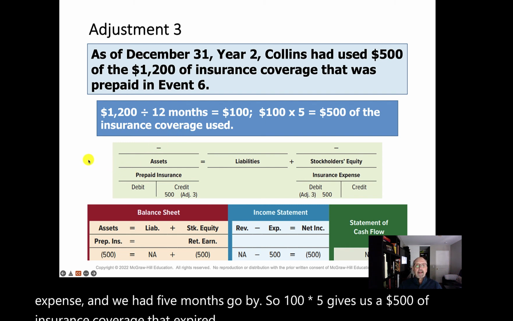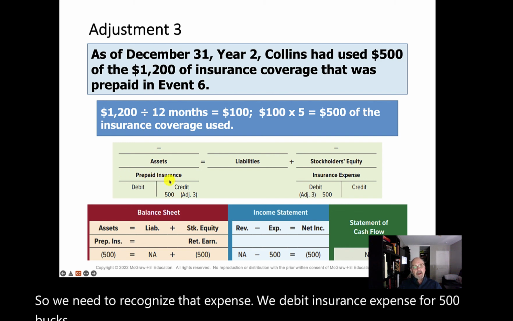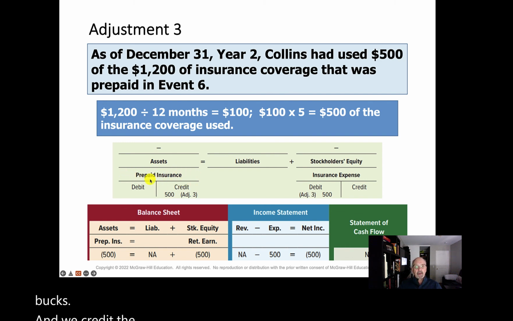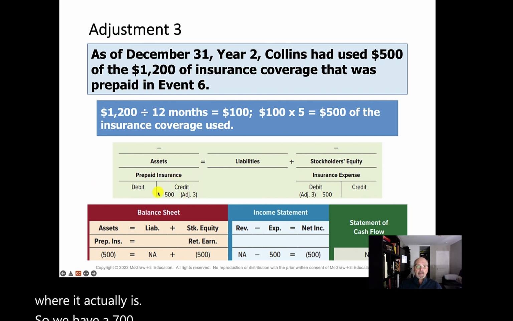So we need to recognize that expense. We debit insurance expense for $500, and we credit the asset prepaid insurance. We need to reduce that to where it actually is. So we have a $700 debit balance in prepaid insurance after we make this adjustment.